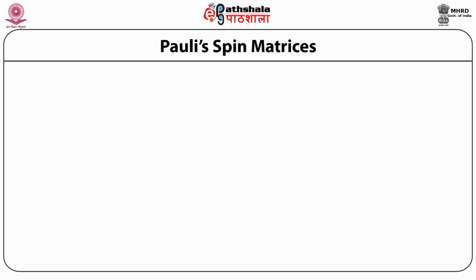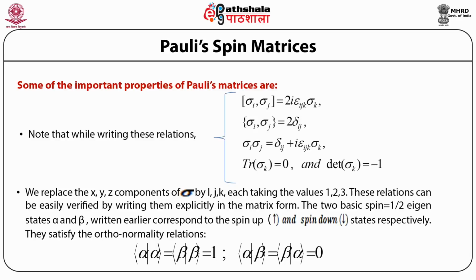Now let us discuss some of the important properties of these Pauli's spin matrices. So first of all, we see the commutation relation of these Pauli's spin matrices. Here we are using the indices i and j to denote the components x, y, and z.